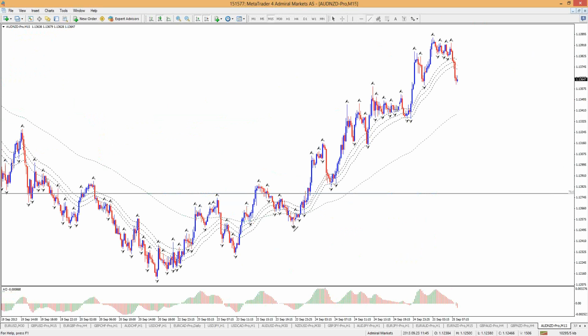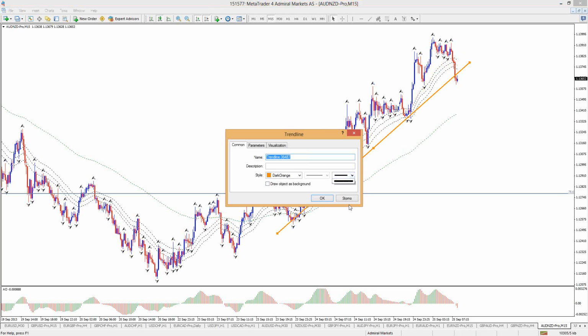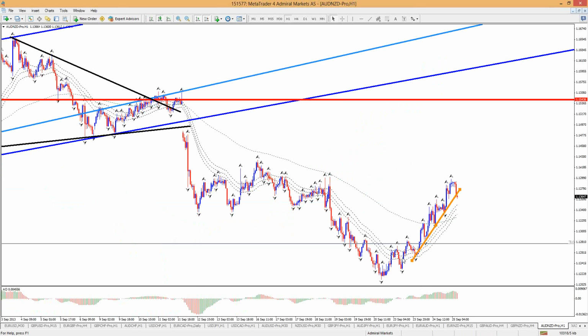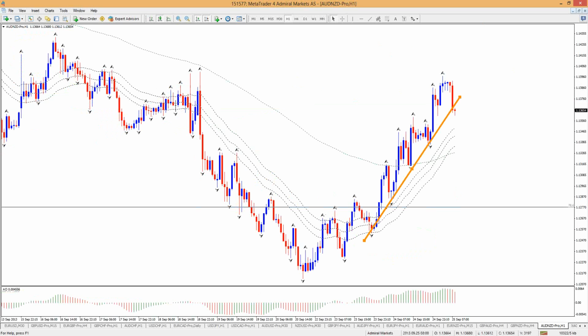And in fact, it could be maybe an interesting setup to look at something like a break of this trend line, for example. So maybe some odd New Zealand downside is possible as well. We'll take a look at the 1 hour chart. Now obviously the downside will probably be limited in its scope.